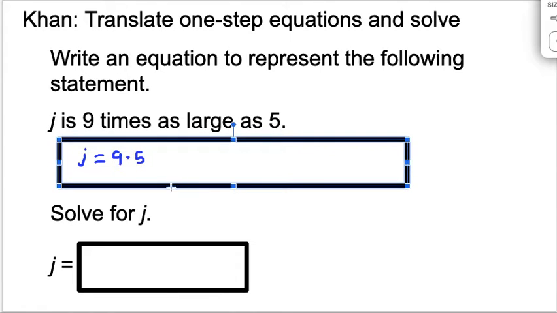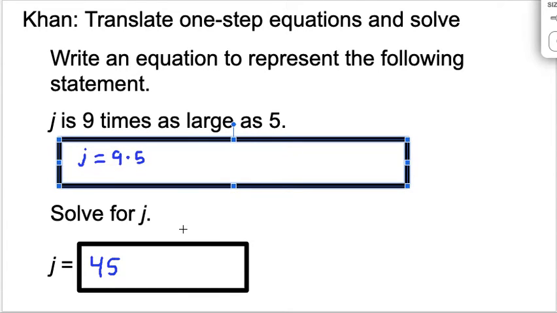So j equals 9 times 5, and 9 times 5 is 45, and we end up with 45 for our answer down here.